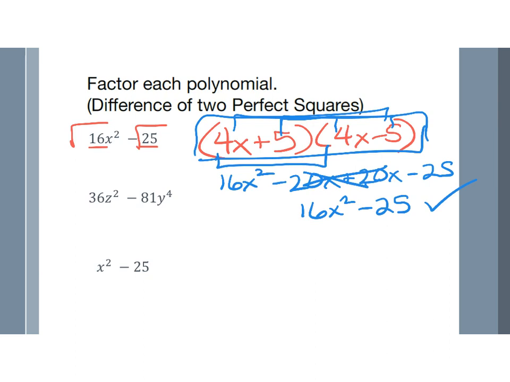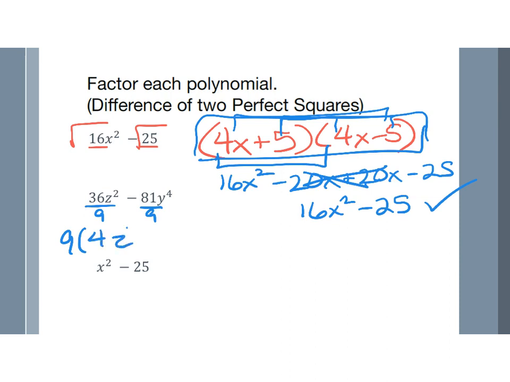Again, remember, first step, look for a GCF. Okay, so first glance, 36, 81, they look like perfect squares to me, right? But can we simplify that first? Okay, good. We're going to divide them both by 9 first. So 9 and 9. So I write the GCF on the outside. Remember, in the parentheses is going to go what I get when I divide.